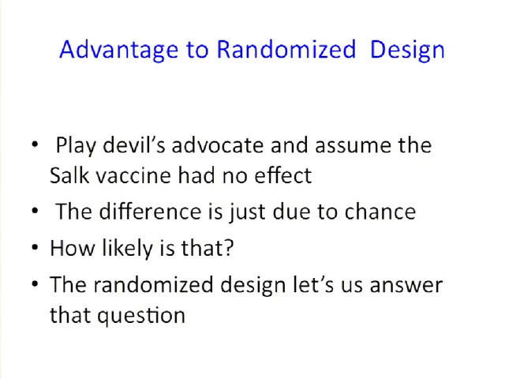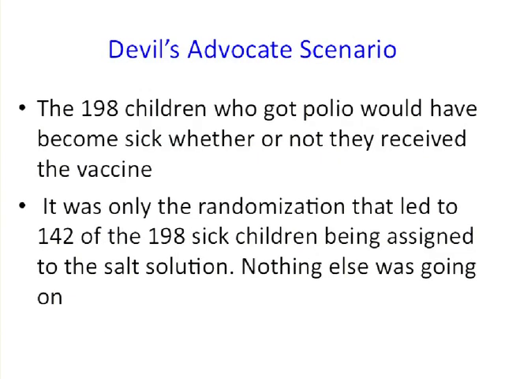There were 198 cases of polio in that group of about 400,000 children. Those kids were assigned at random to either get the Salk vaccine or to get the salt solution. It could have just happened by chance that so few kids who got polio were assigned to the vaccine group, and that's the only thing that's going on here.